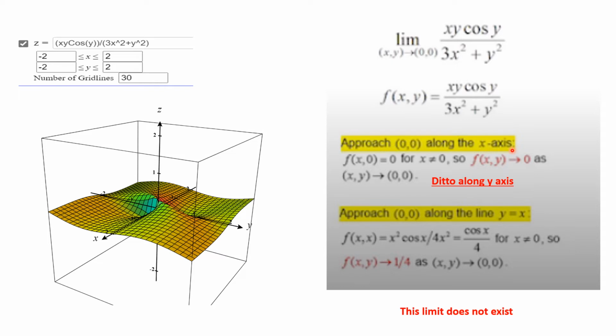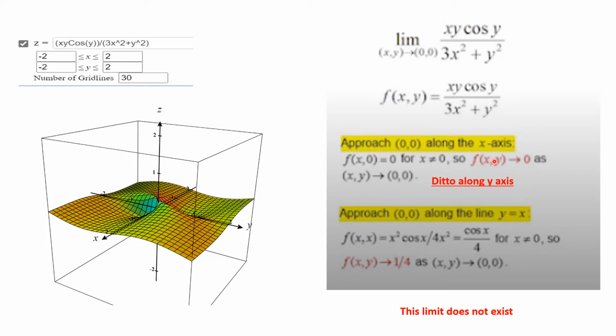Now, if we're approaching along the x-axis, y is fixed to be 0. And so f of x0 is 0 for x not equal to 0. And the reason that's true is that if I put y to be 0, I get 0. So f of xy converges to 0 as xy converges this way.